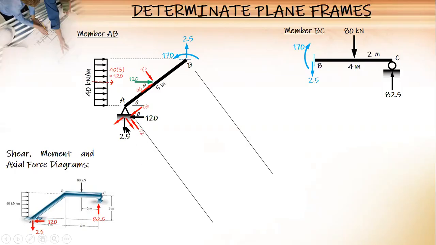For this one, it is 90 minus theta. Cosine, 2.5 times 0.8, you have 2. 2.5 times 0.6, 1.5. And the last is this, 2.5.